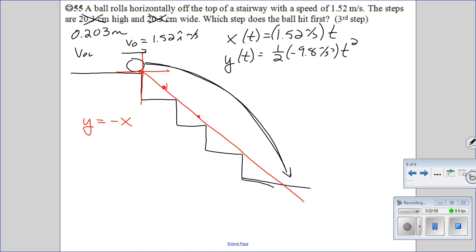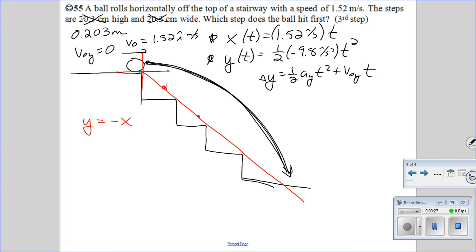My v0y is 0. If you missed that, this is just the equation: vertical position is 1/2 vertical acceleration times time squared plus v0y times t.